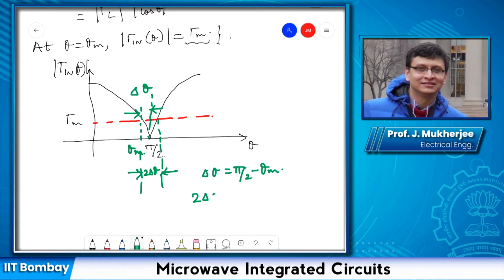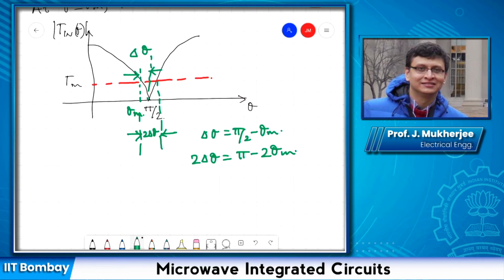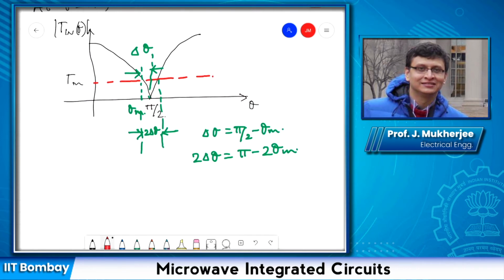2 delta theta is equal to pi minus 2 theta m, and my fractional bandwidth, this pi by 2, I also call that theta 0.